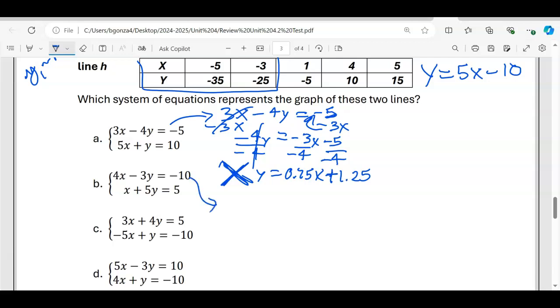Okay, let's try this one. 4x minus 3y equals -10.